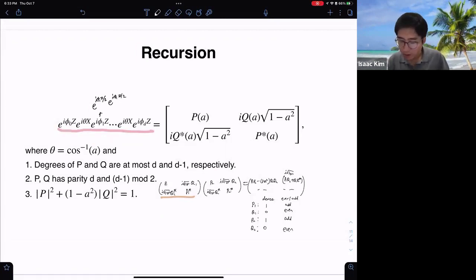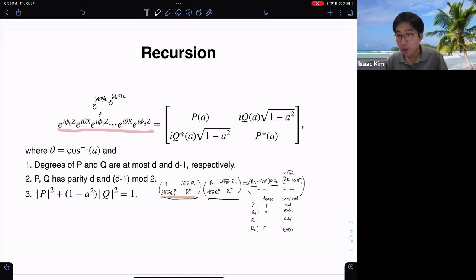Whatever the case may be, you will have the product of this matrix and that matrix. And what you simply do is that you look at these entries and you just consider all possibilities.